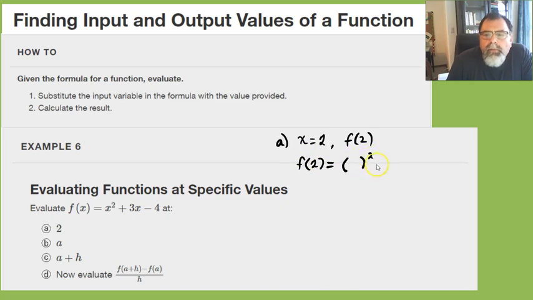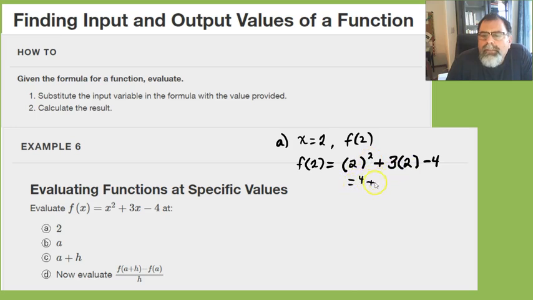My suggestion is put blank parentheses everywhere you see an x. And you're going to substitute 2 in for all the x's, so in all the blank parentheses. And then this also, with putting the parentheses, can help you not mess up because of order of operations kind of issues. So 2 squared is 4.